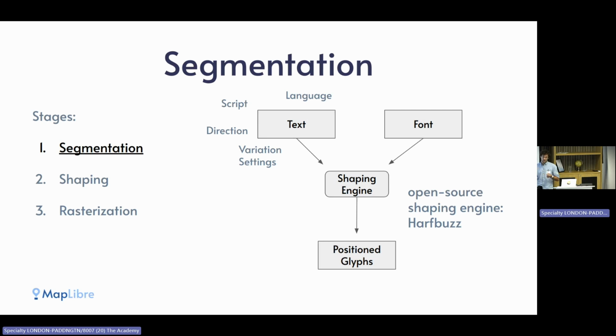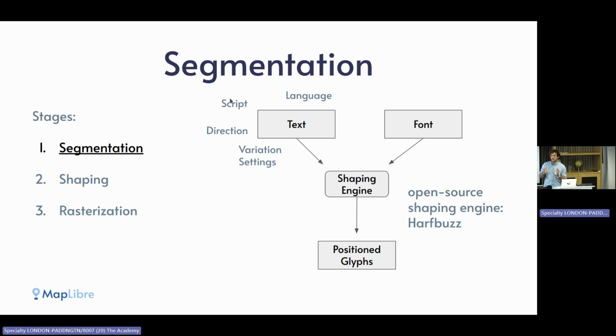For example, Hebrew is rendered right to left, while Latin is rendered left to right, so you have to specify that as well. Plus something called variation settings, so that in a font you can specify the font weight, like how bold it is, and the rules might change based on that. Each time you call the shaping engine with a bunch of text, all these settings have to be constant.